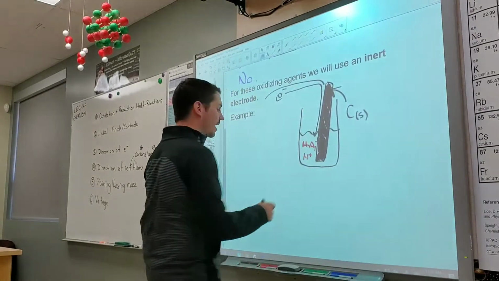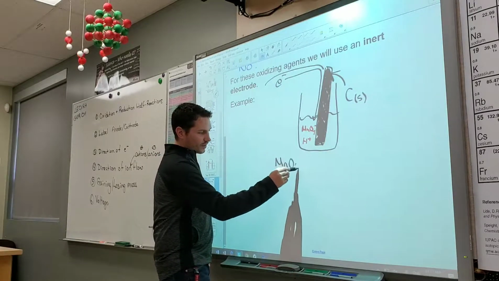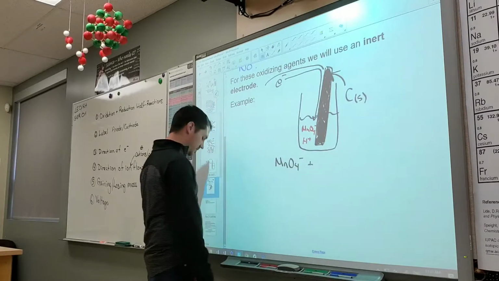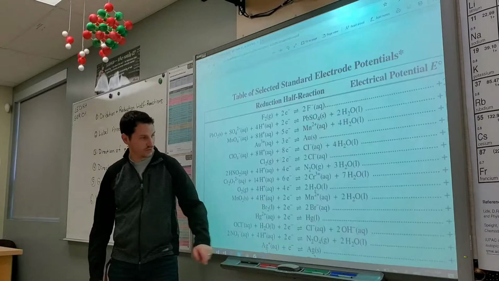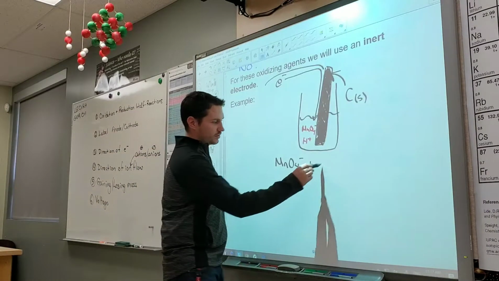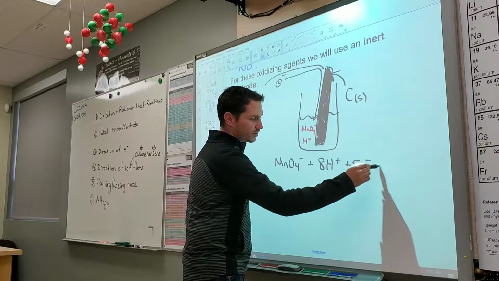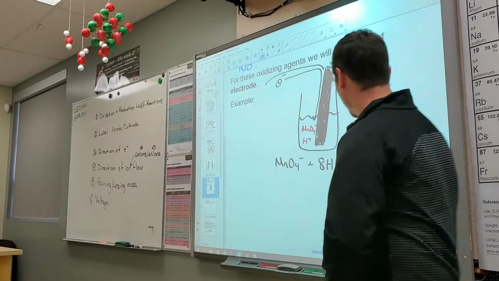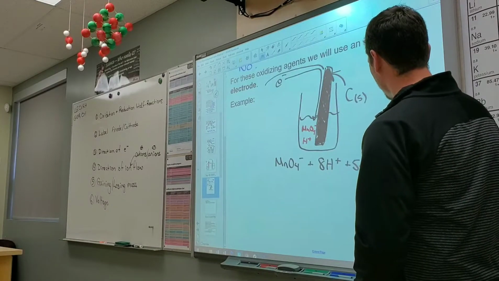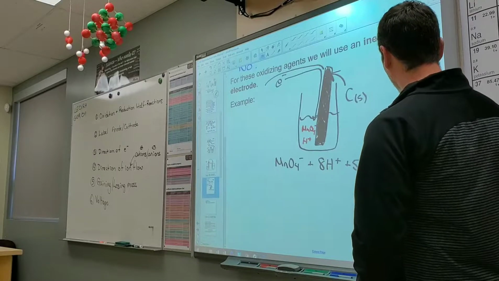So this half reaction is going to look like MnO4 minus plus how many hydrogens and electrons? 8 hydrogens plus 5 electrons, and we're going to get Mn2 plus and 4 waters.